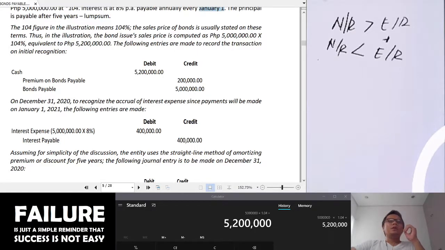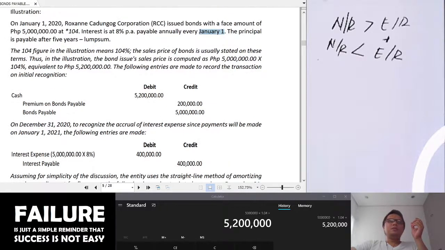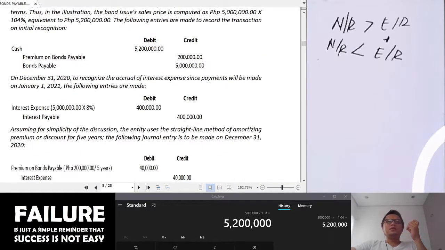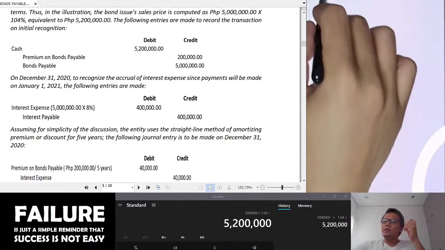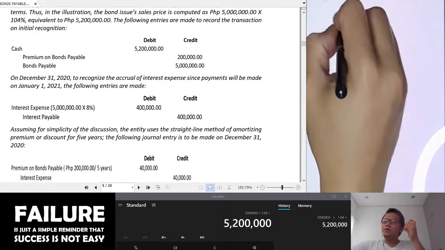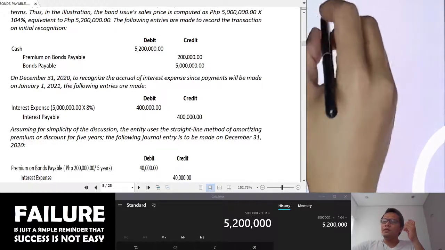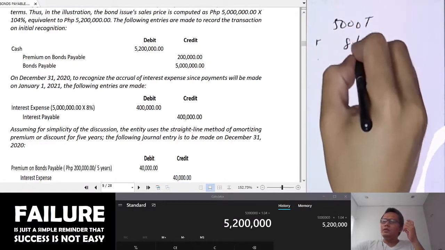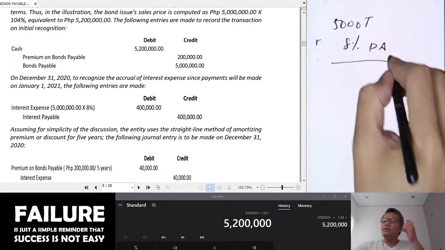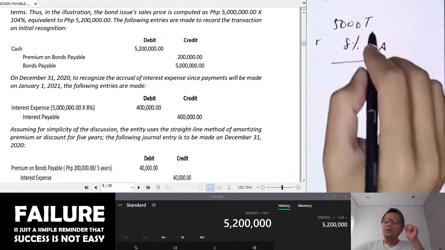So we need to recognize the interest expense accrual. Okay? So again, the initial interest that we are to recognize is based on the nominal rate at 8%. If we are to compute that, the interest expense that we are to accrue is the face amount, the 5 million, multiplied by the rate, 8% per annum, for 1 year, kasi yung annual yung recognition natin.